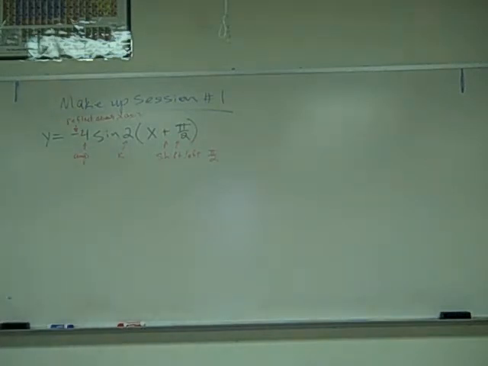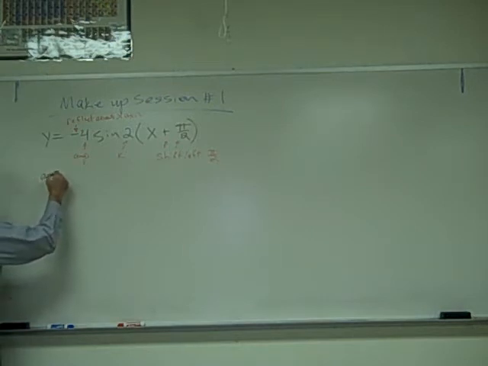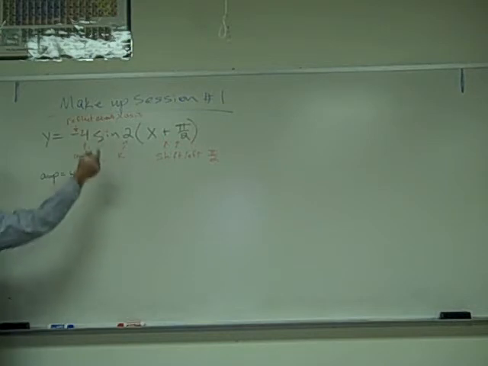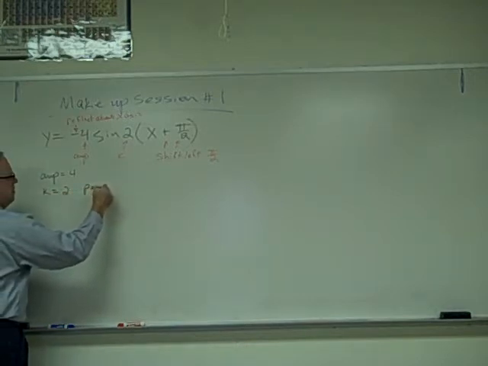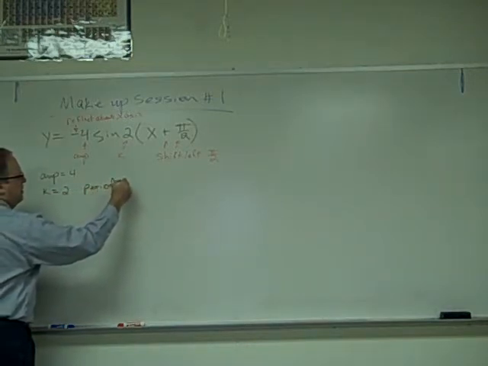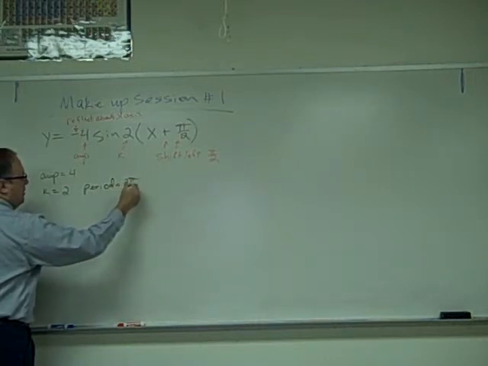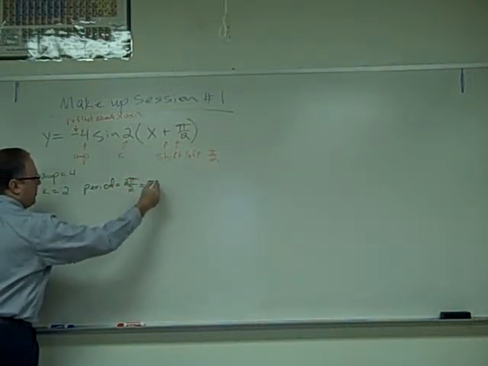Okay, so we have our amplitude is 4, and it reflects about the x-axis, and we have our k, which we said is 2. So therefore our period is going to be 2 pi over 2, which will be pi, right?